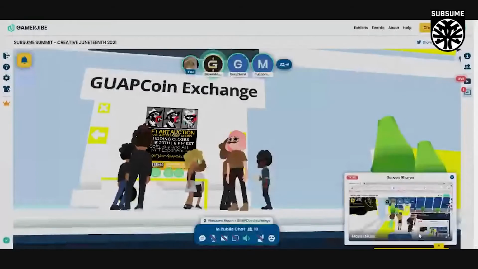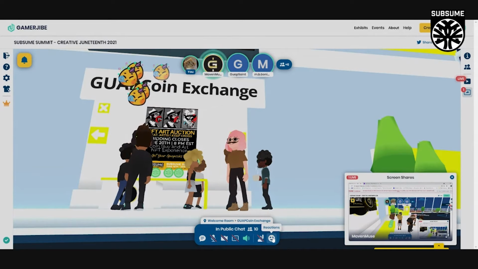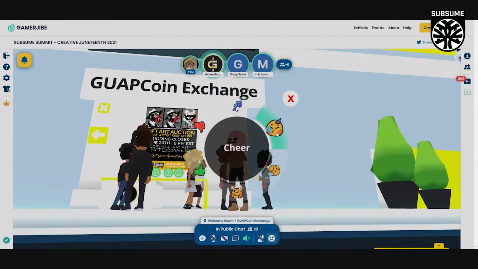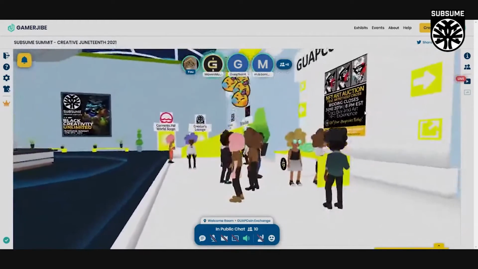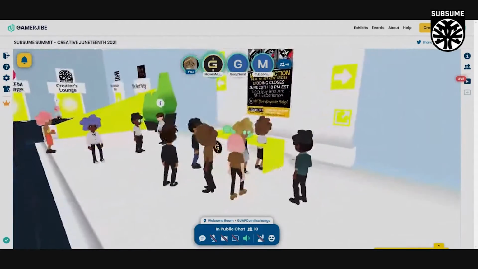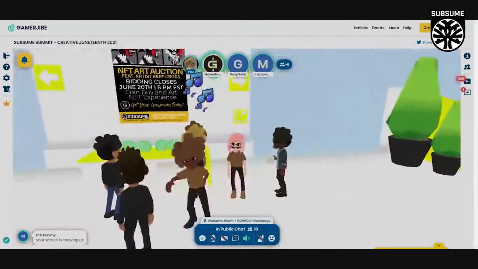We started out as an ERC20 token, just to get the project started, if you will, to get people involved and to give us time to get onto our own blockchain. And now we are on our own blockchain. We have a blossoming community. We have a lot of merchants offering diverse services for the Guap community. Okay, now you guys can see her.